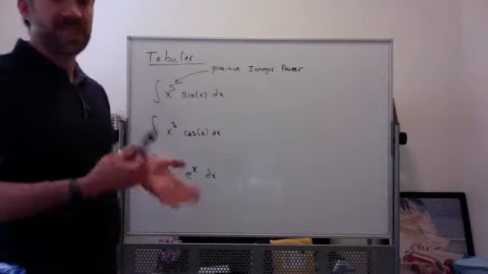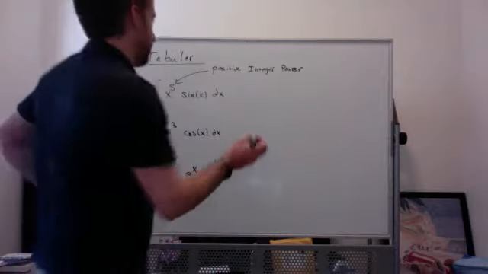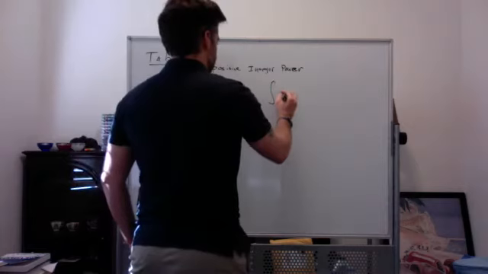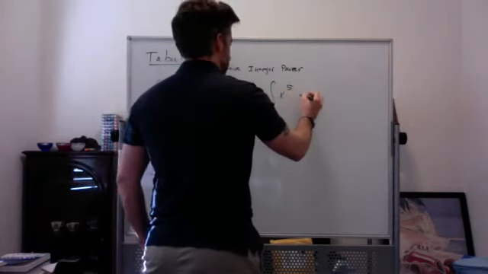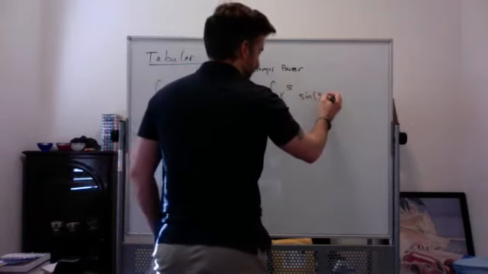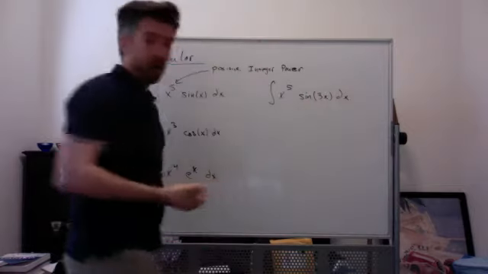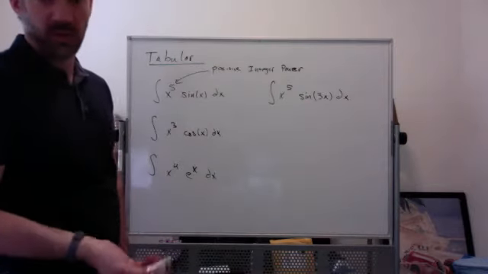Now, they can be slightly more complicated. You could have something like x to the 5th times sine of 3x. You can have some coefficient of x there, and that will also work for tabular method.